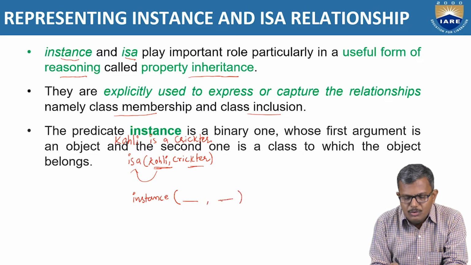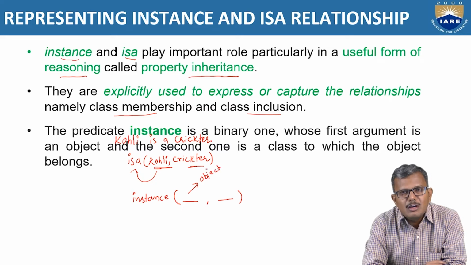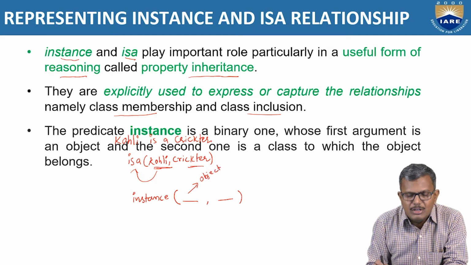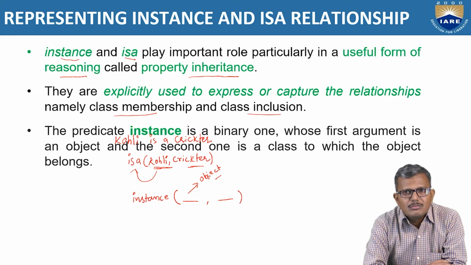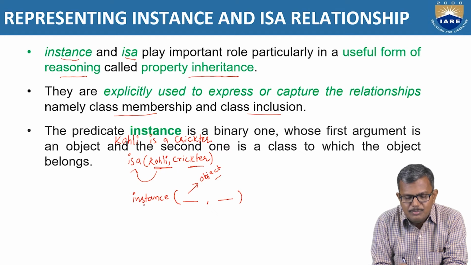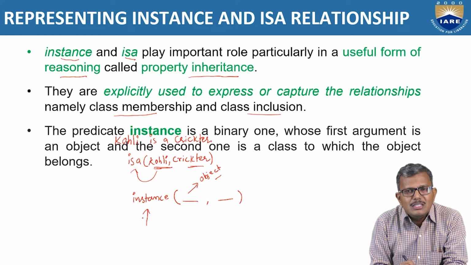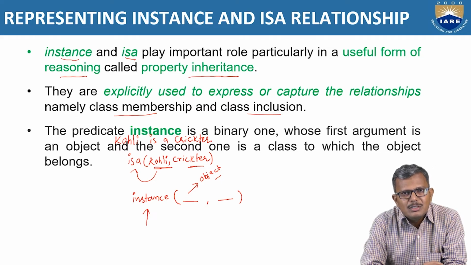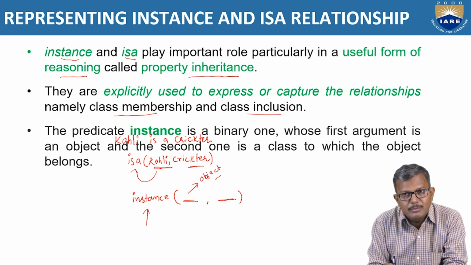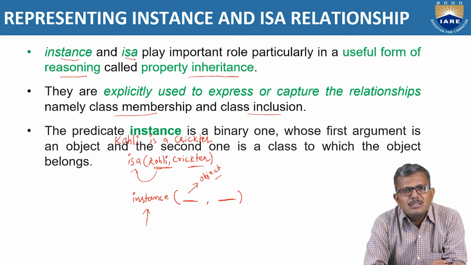The first argument will be the object and the second one will be the class to which the object belongs. I am repeating once again: if instance is a predicate, then it should be represented in binary form, with two attributes inside. One is an object and the other is the class to which that object belongs.